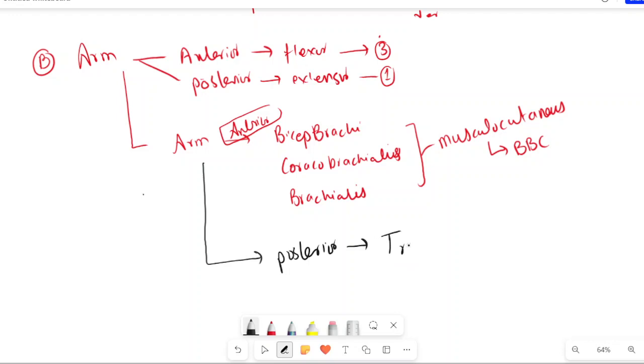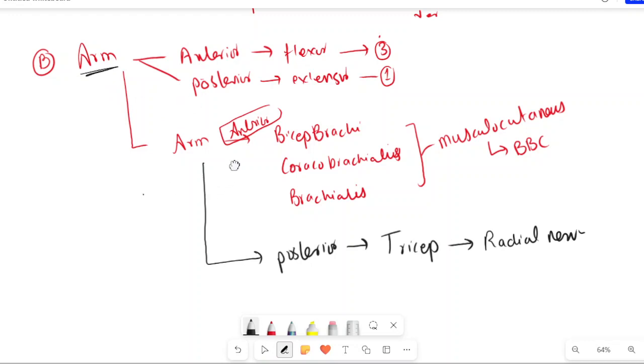Triceps means three: one is the long head, one is the lateral head, and one is the medial head, and these are supplied by the radial nerve. So this is the muscles of the arm.